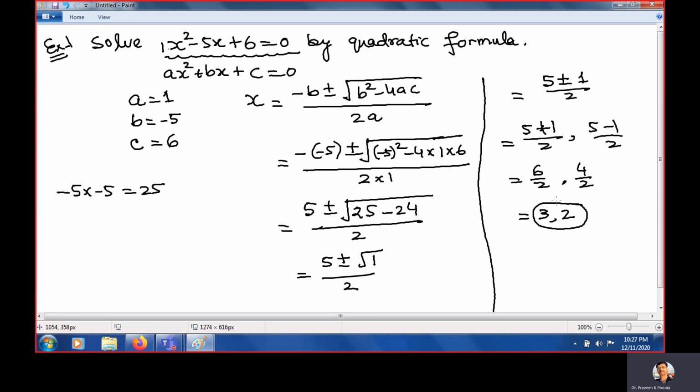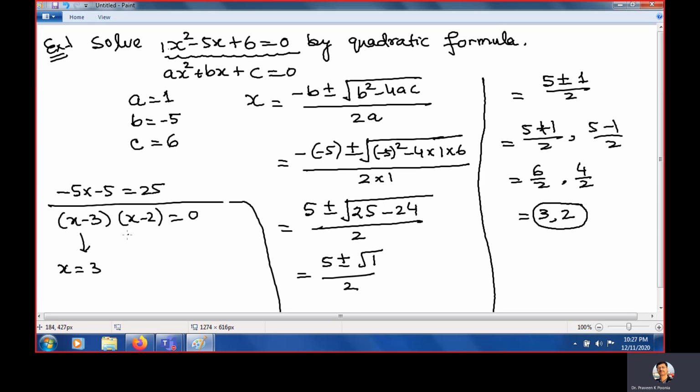These are the values. And if you factorize it, what factors will you get? You will get x minus 3 and x minus 2 is equal to 0. After solving this, you will get x is equal to 3 and x is equal to 2. So if 1 is written here, means only x square is written, you can solve by both methods.